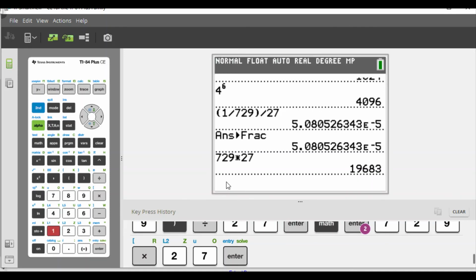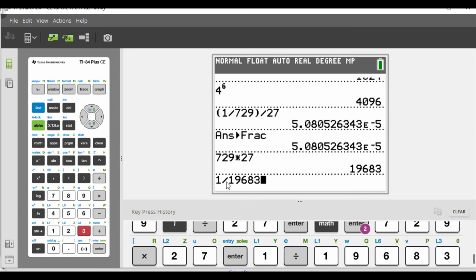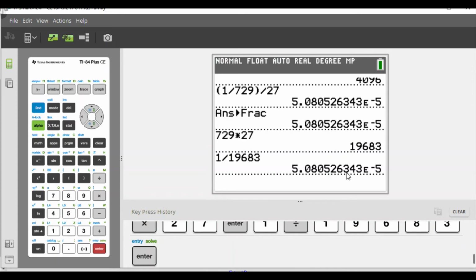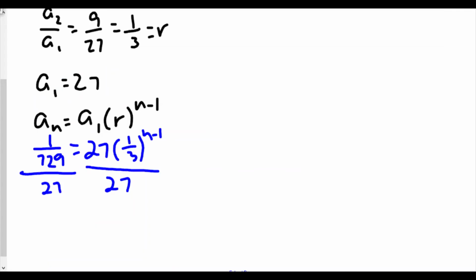So notice if I take 1 divided by this number of 19,683, we get the same exact answer as this one. So we're going to write down this crazy number here, all right? And you'll see we're going to make some changes here too. You'll see why I wrote it this way. So 1 over 19,683.